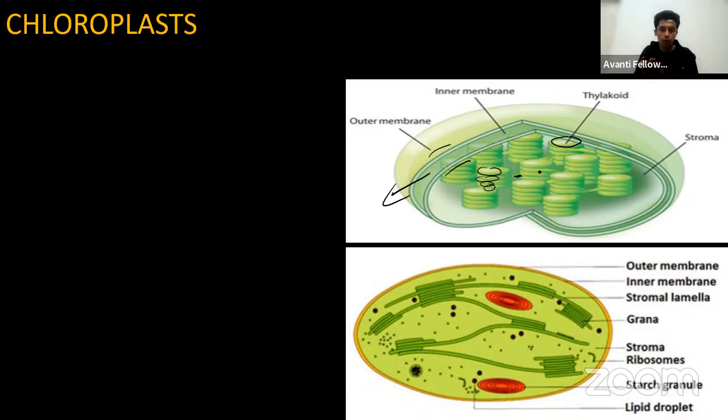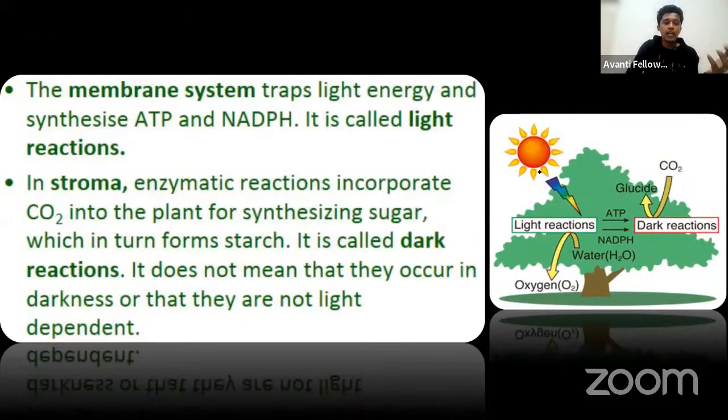We talked about the chloroplast, and we can divide it into several regions. One is the grana region, second is the stromal lamellar region, and then we have the stroma region. So what is happening in different regions of your chloroplast?